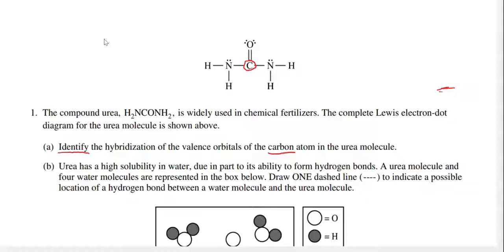So basically, if you don't remember, to identify hybridization, you want to count the number of electron domains around the atom that you're identifying the hybridization. So this carbon has 3 electron domains.